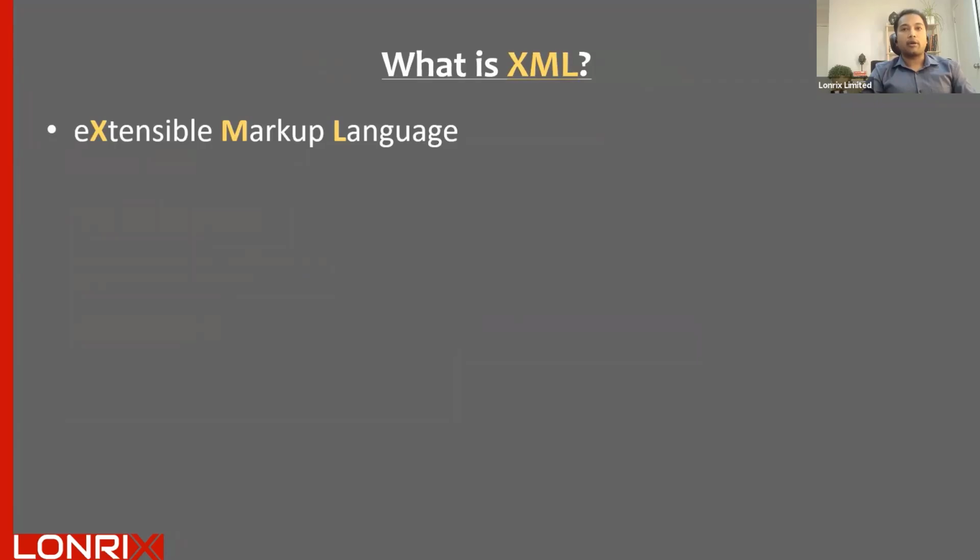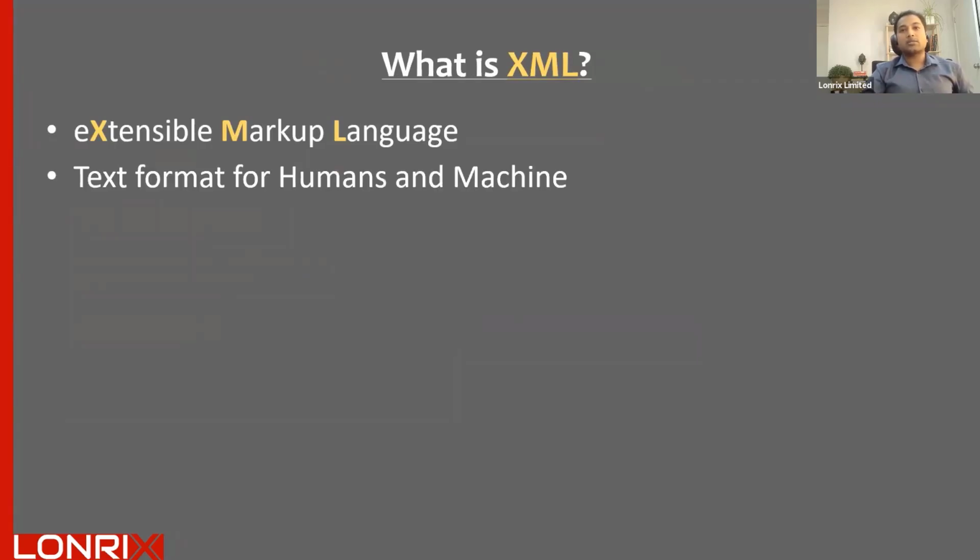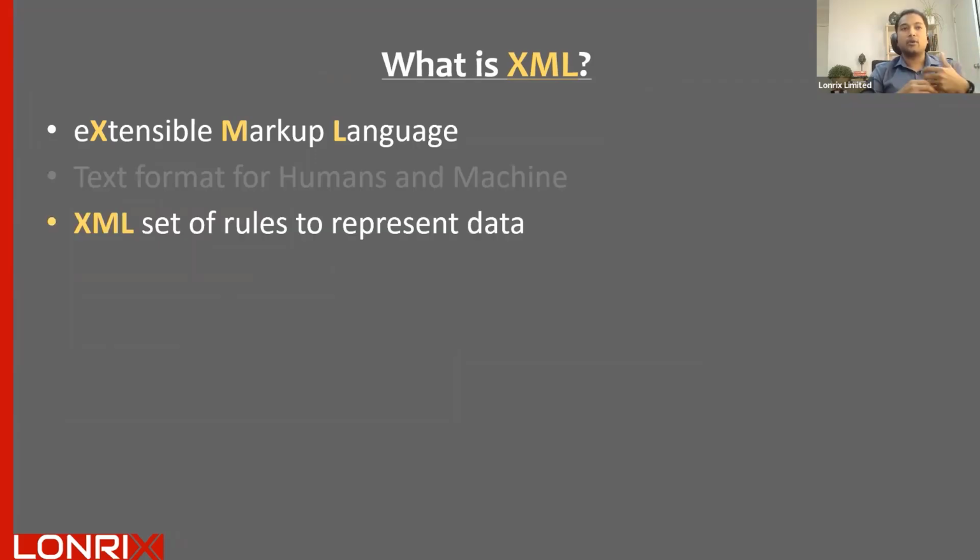XML stands for Extensible Markup Language. It was published around 23 years ago, and it was designed to be a very simple text format that both humans and machines can understand. The intention at that time was to address the challenges of large-scale electronic documents in the mid-90s.